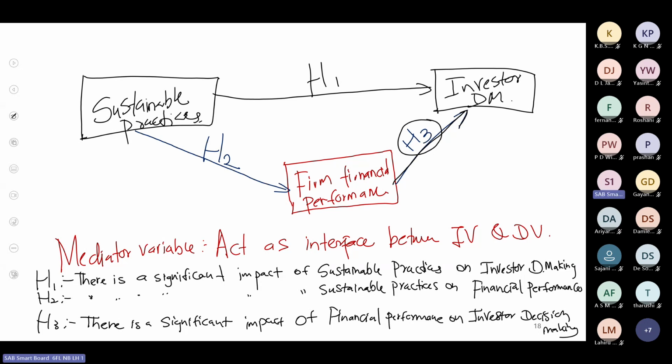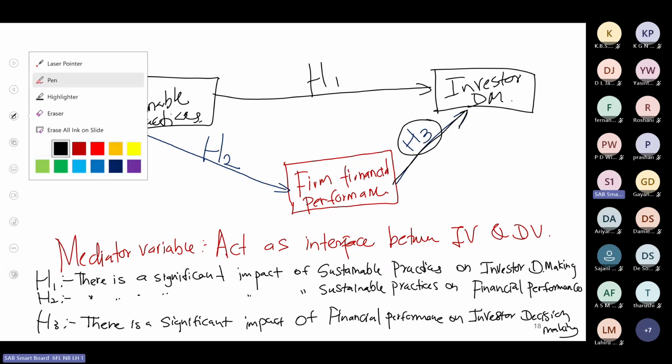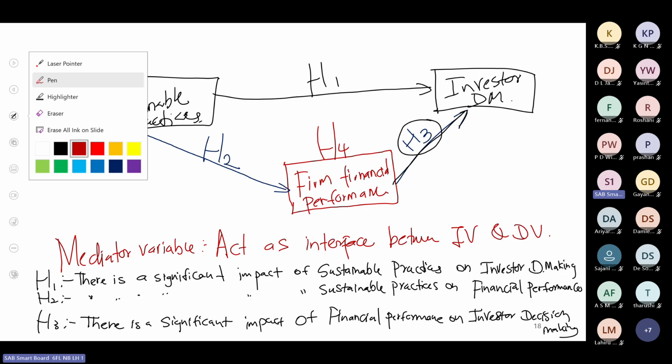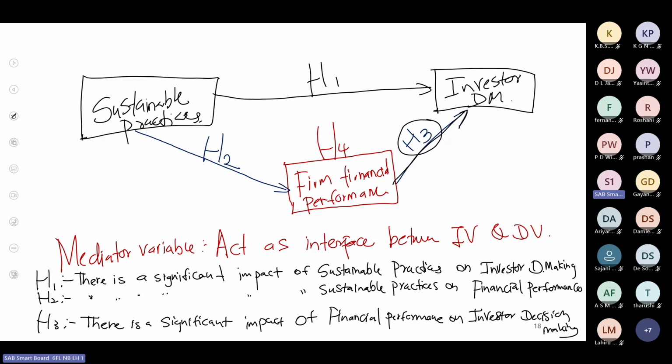Except H1, H2 and H3, definitely there is a very important hypothesis. We call that one H4. You have to write H4. That is the main hypothesis in this study.